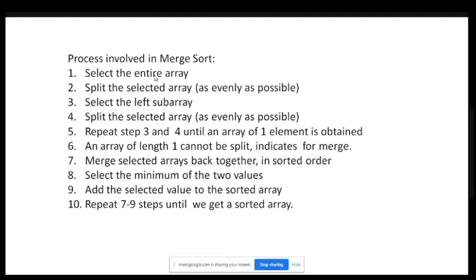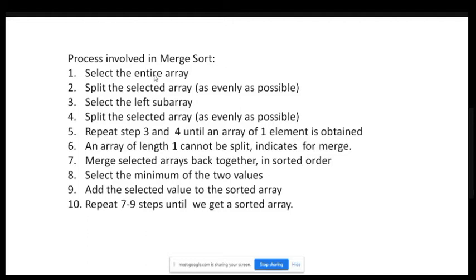After you end up with a single element from splitting, you go for merge. So from the seventh step, the merge starts. Merge the selected arrays back together in sorted order. We started with a top-down approach as we go on splitting. From the second step, we go through a bottom-up process, merging and making it into a sorted array of elements.